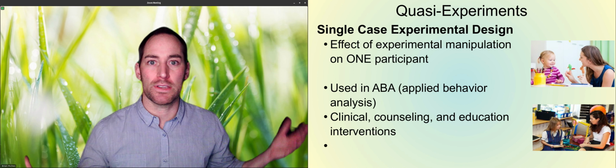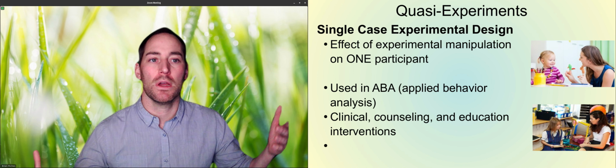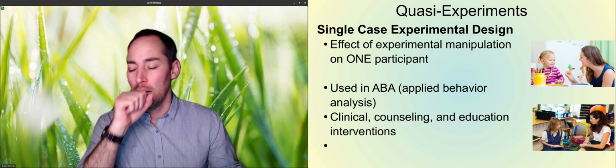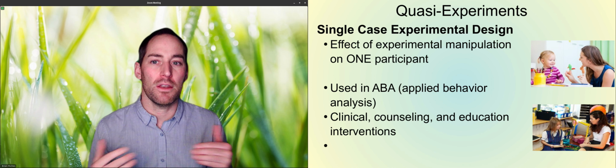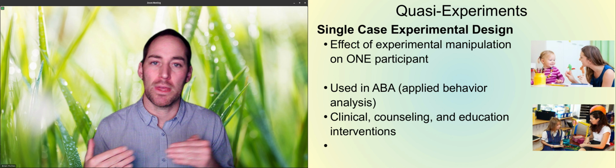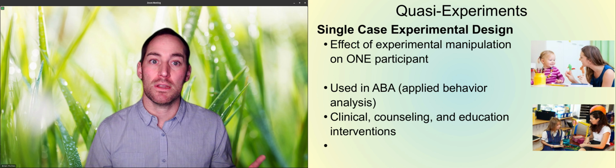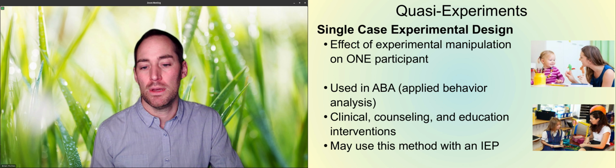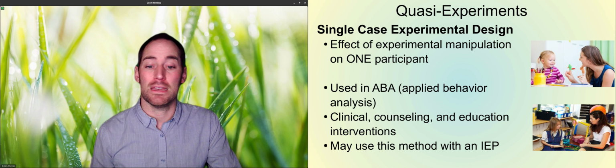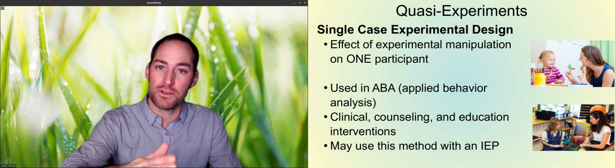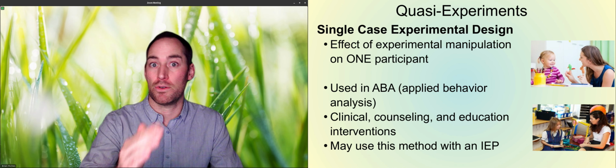You could obviously look at the research and say this will probably work based on their ethnicity, their age, the things they're going through, but you might not know, right? So start measuring their anxiety levels every time they come in. Then you start a new treatment and see, do their anxiety levels go up or down? So they become their own control group. Oftentimes IEPs, individualized education plans, will build this in. They'll have some time of a baseline before the teachers implement a plan, and then you're monitoring the changes after that.